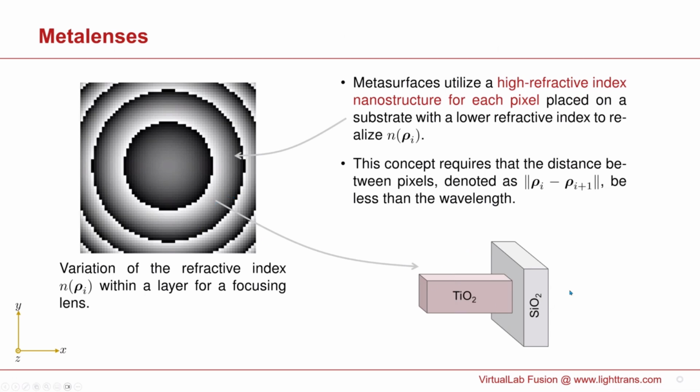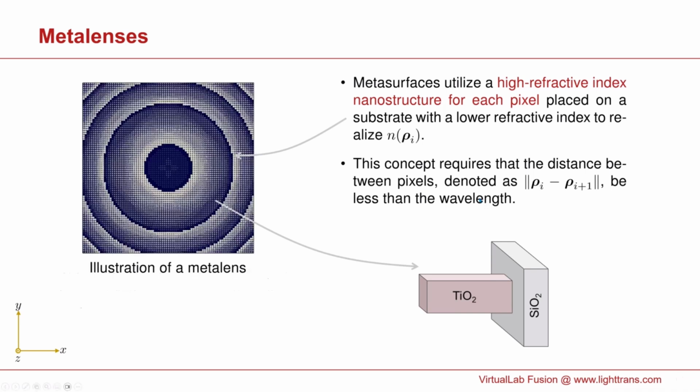For example, this, placed on a substrate with a lower refractive index to realize this phase delay or this corresponding refractive index. This concept requires that the distance between the pixels is less than the wavelength, and then the outcome yields a metasurface composed of appropriate nanostructures for each pixel.